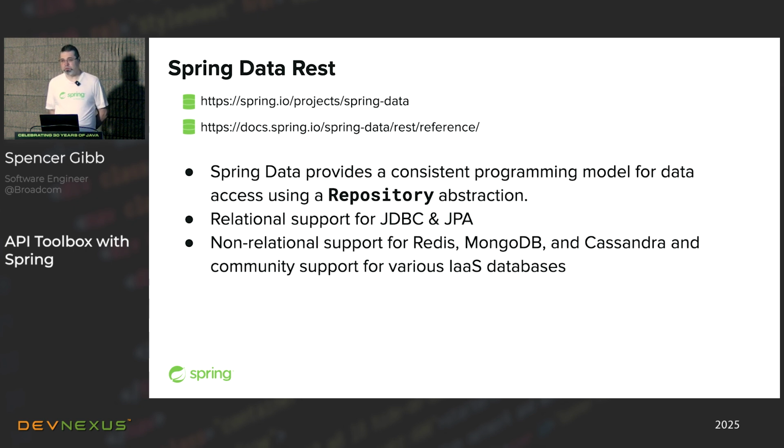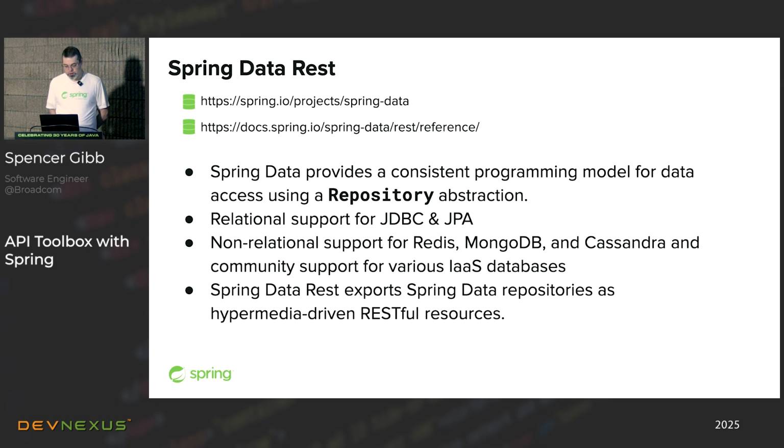We also have support for a lot of the IaaS databases. So think Azure, AWS, GCP, those kinds of things that have their custom databases. There's typically a Spring Data module for those. These are typically hypermedia-driven RESTful resources, if you've heard of that.